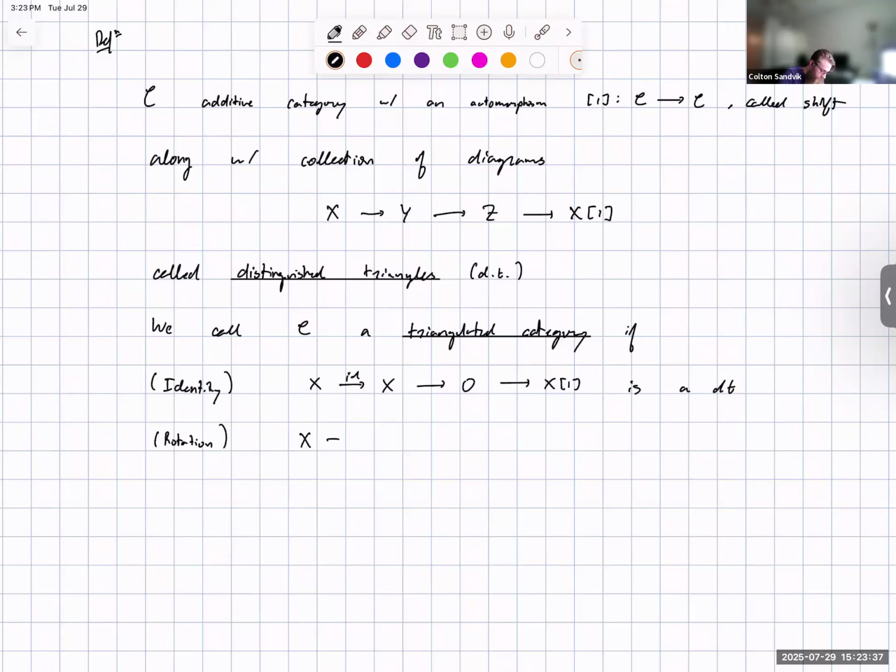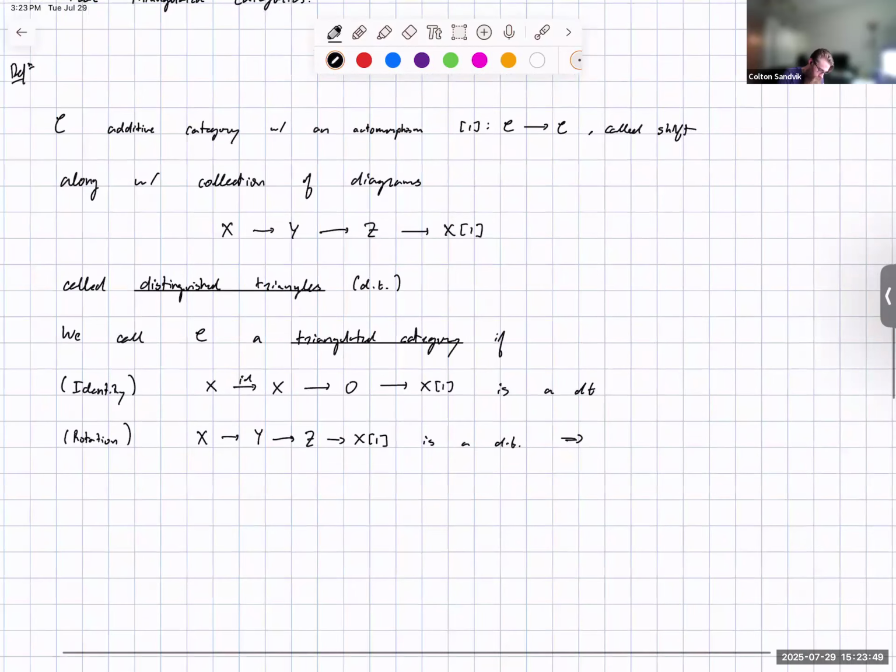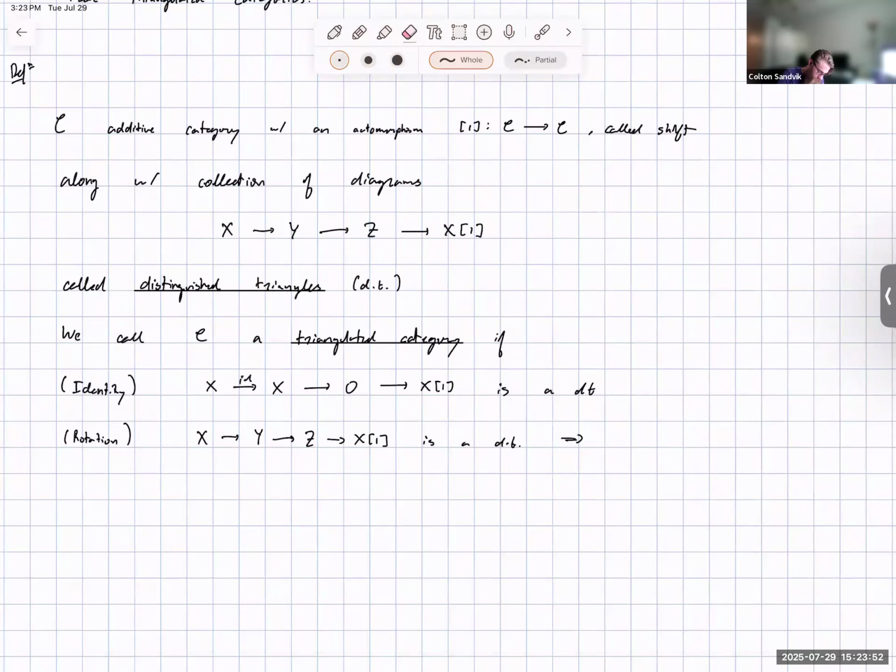If we have a distinguished triangle and we rotate it, we should still have one. We should also be able to complete a morphism into a distinguished triangle. And in fact, we want to be able to do a little more: complete a commutative square into a commutative diagram of distinguished triangles.